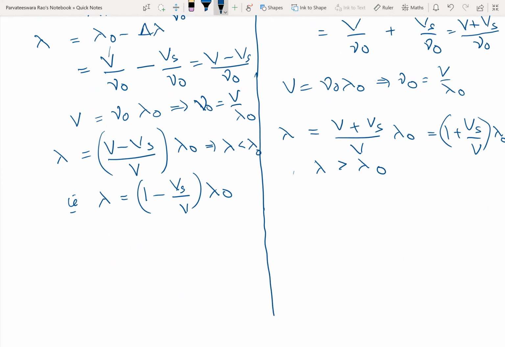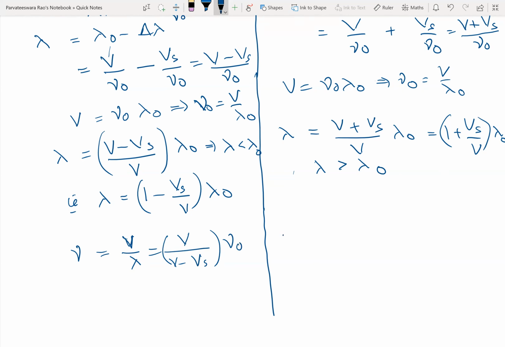Next, frequency. Frequency nu is equal to V by lambda. So I'll be getting it as V by V minus Vs into nu naught.